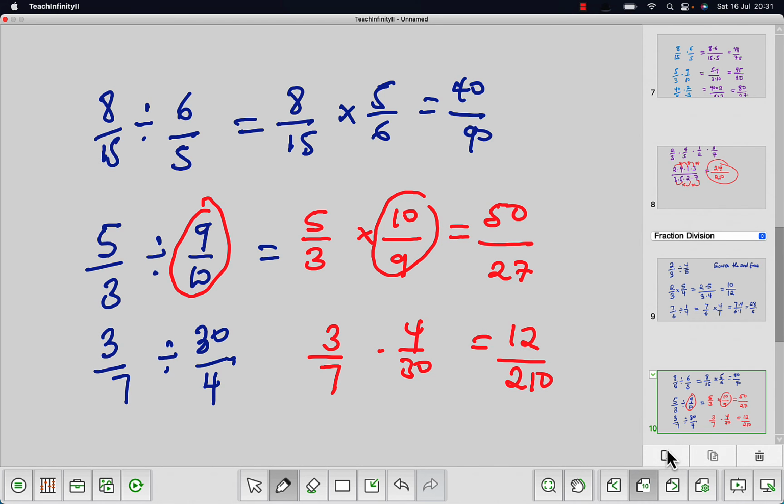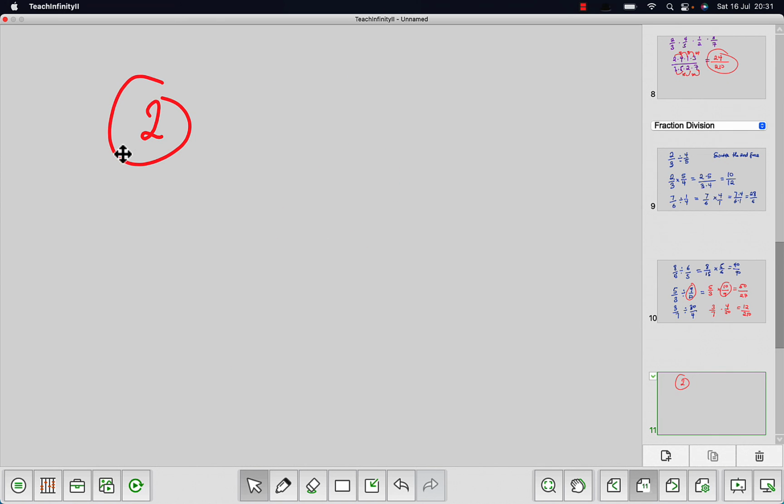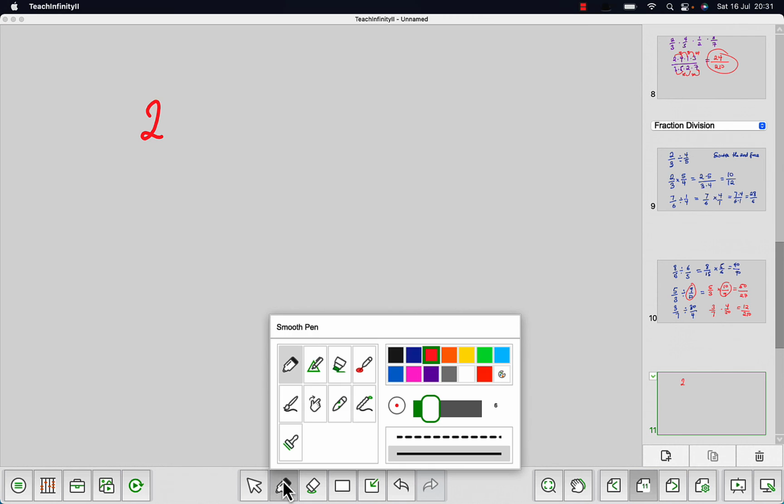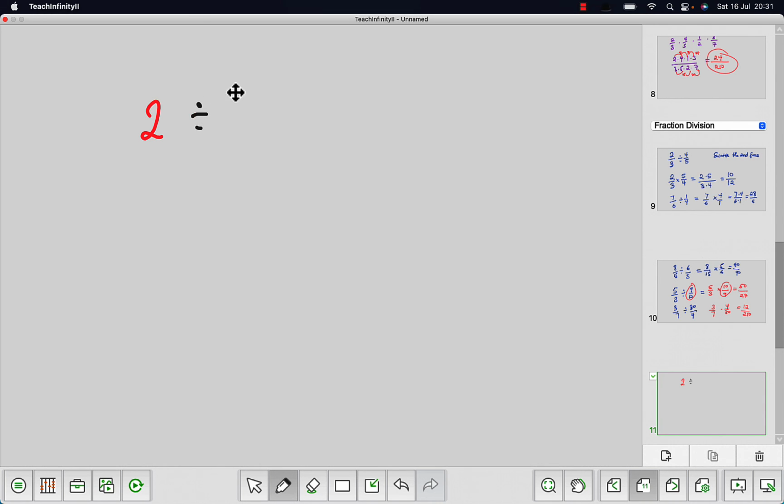Okay, great. How about when you have a whole number and you want to divide that by a fraction? It's the same thing, the same concept, nothing changes. So 2 divided by 1 over 2. Here I have 2 times, switching the second fraction, 2 over 1. And again, we're going to multiply.